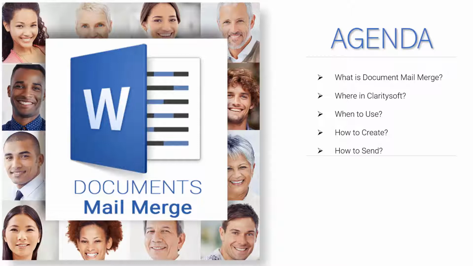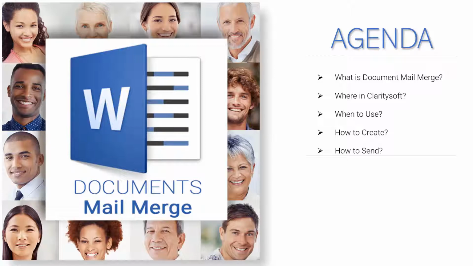Once you create the document template, you can then go to a record and create a new document based upon that template, and the data specific to that record will populate the merge fields. And then that document can be saved and emailed to the customer or client. So we're going to learn the technique for doing that.